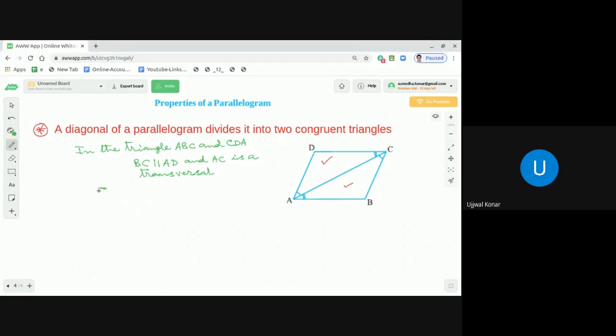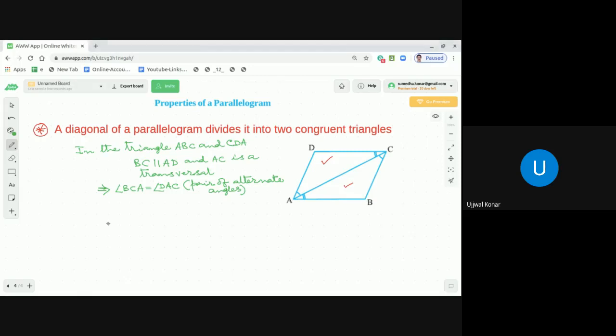So what we can say from here is that angle BCA is equal to angle DAC, a pair of alternate angles. Correct? Now, again, AB is parallel to DC and AC is the transversal.